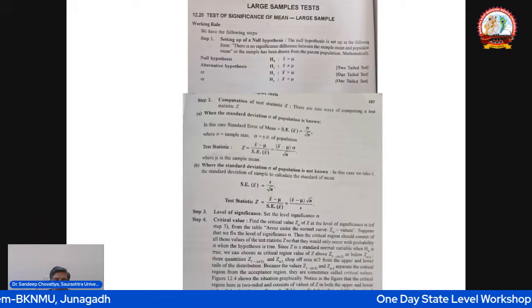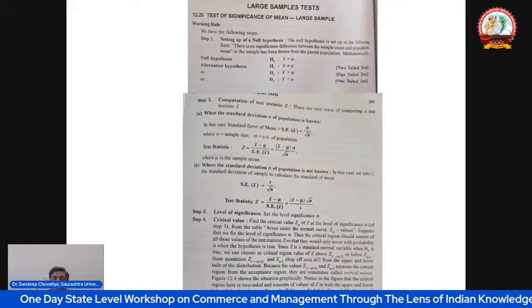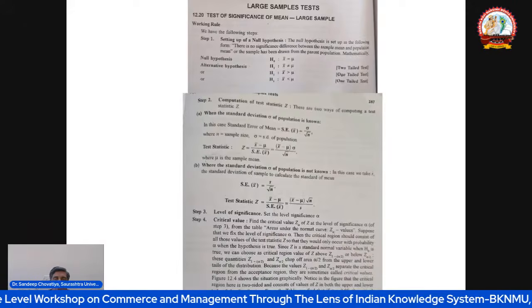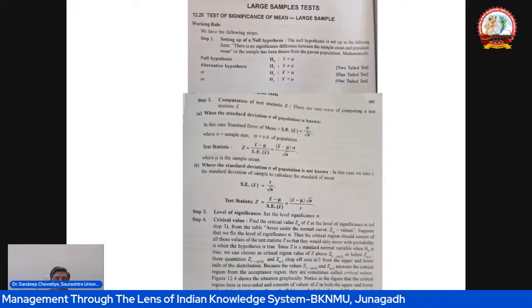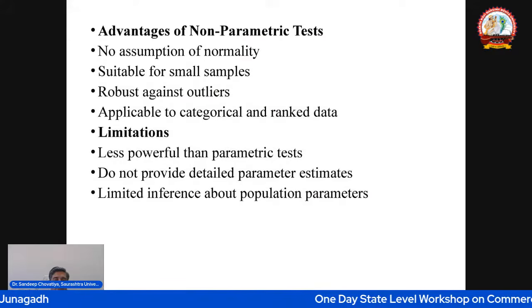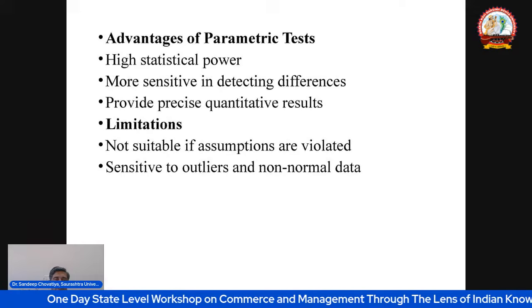The alternative hypothesis H1 is that the sample mean is not equal to the population mean, which is the two-tailed or two-sided test. Whatever we are discussing in that graph pertains to this, and this is known as a two-tailed test.